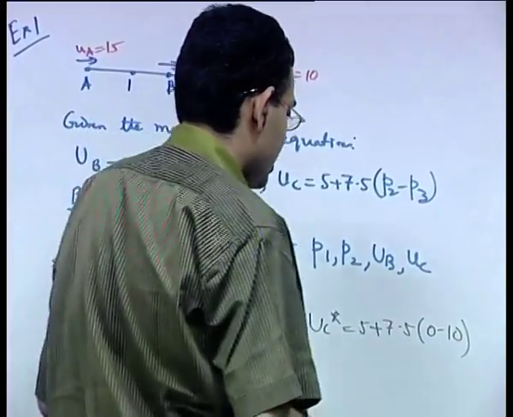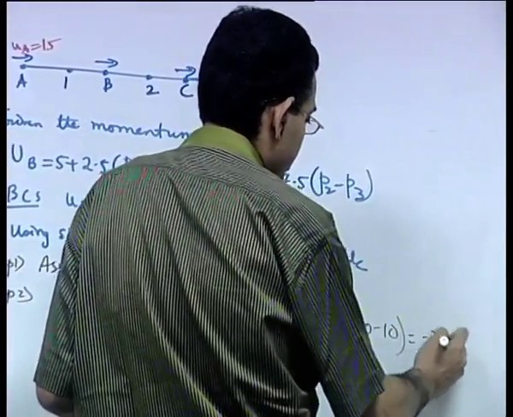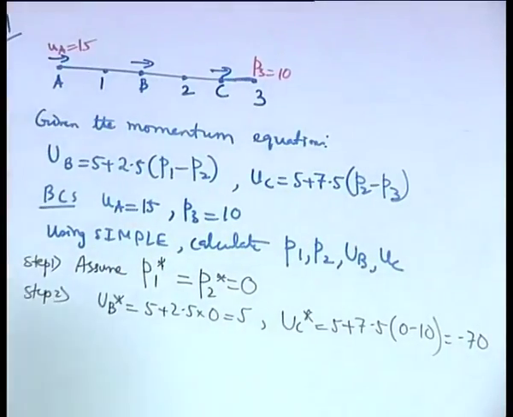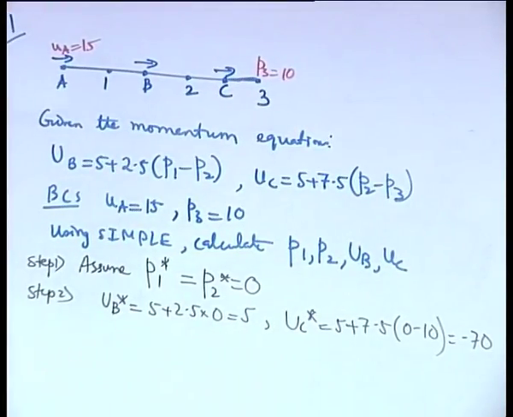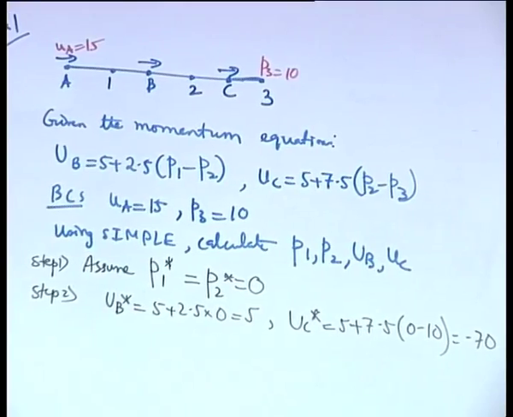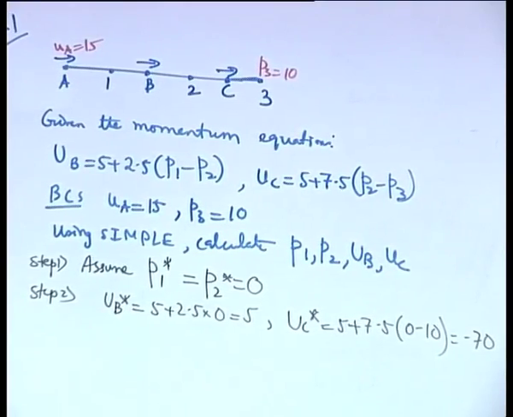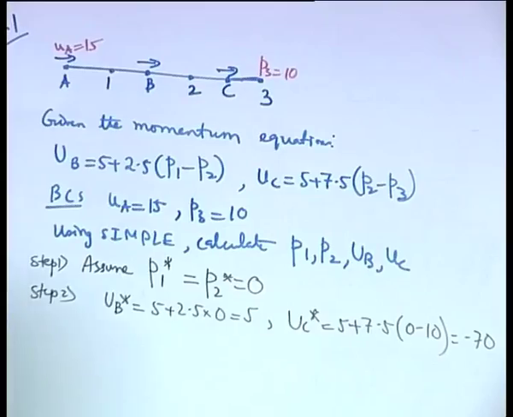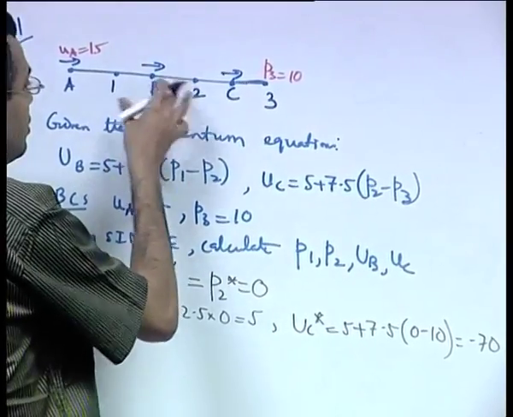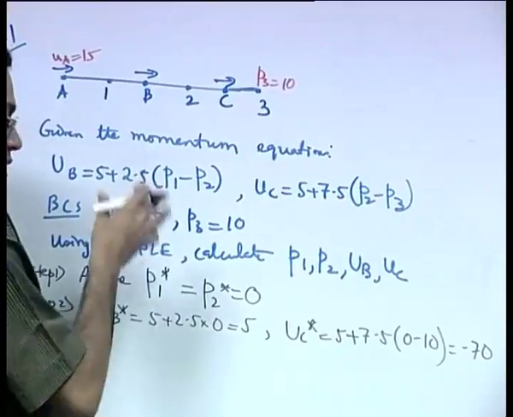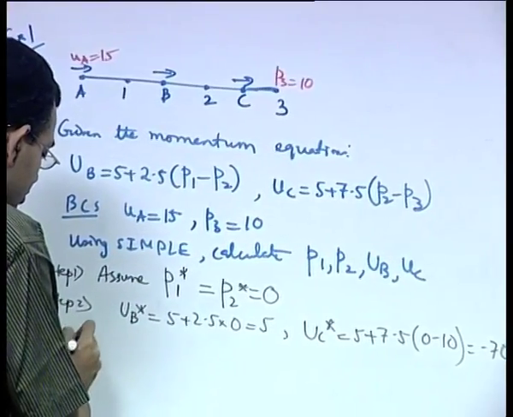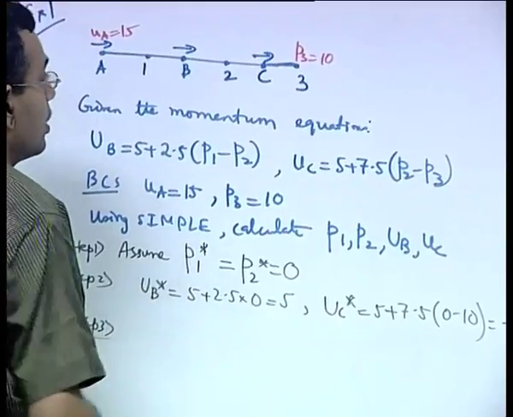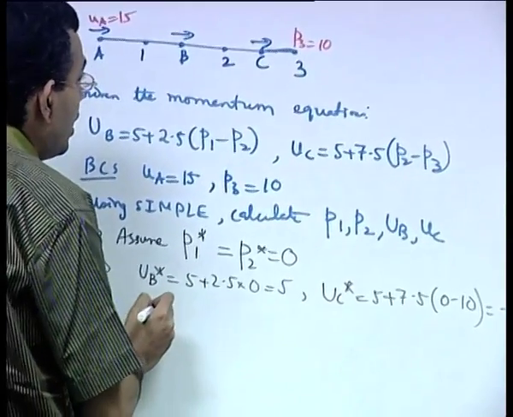So, that is minus 70. Next will be to solve the pressure correction equation. So, in this simplified case, let us derive the pressure correction equation from the continuity equation.